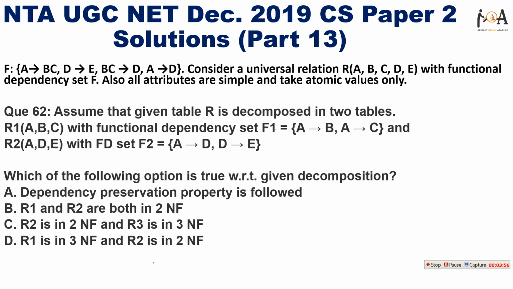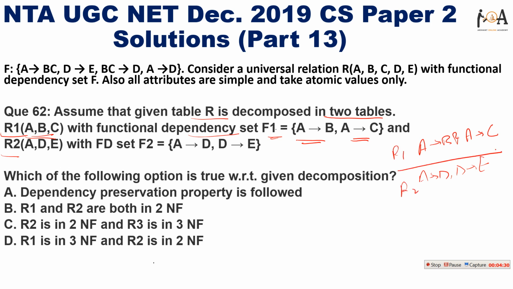The next question is: assume that the given table R is decomposed into two relations R1 and R2, and R1 has elements A, B and C with functional dependency set F1 as A derives B and A derives C. Okay guys, excuses for the disturbance.